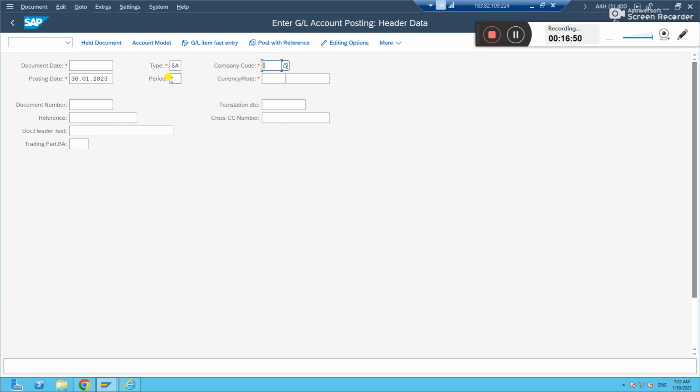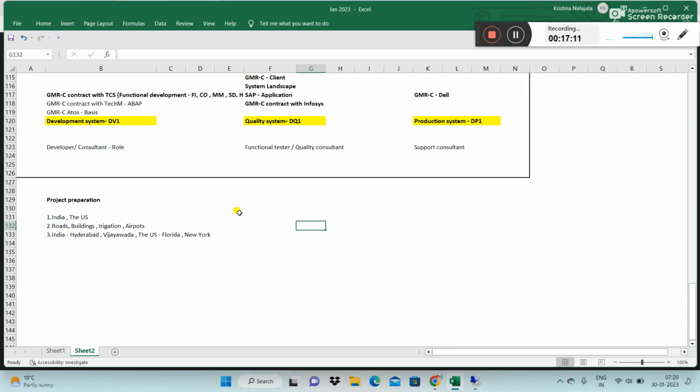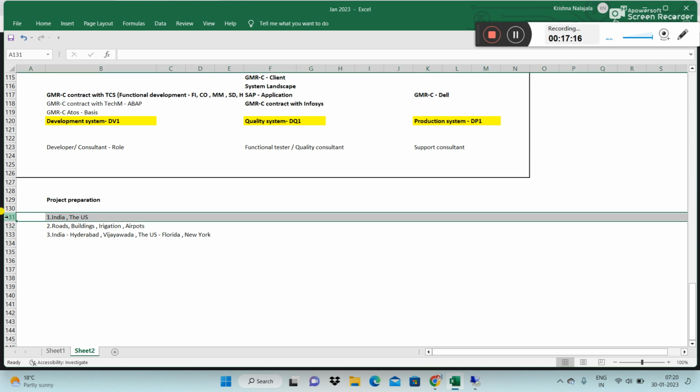Leave it. The next important thing is period, right? In a calendar year, how many periods do we have? 12 months. We call it 12 periods. Let's say, based on our requirement, do you see any problem here for periods, India and the US? Yes, sir. What is the difference? Where do we have a problem here?